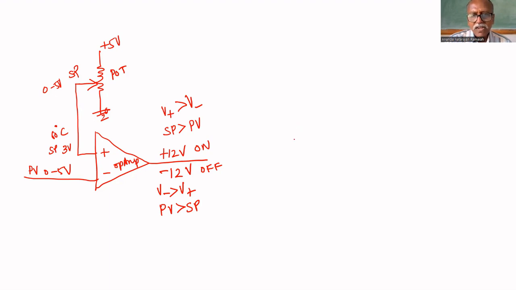Now we have to turn on the heater by using 230 volt. For that, we are going to use a relay circuit. There are 2 types of relays. One is the electromechanical relay. This is the old one.